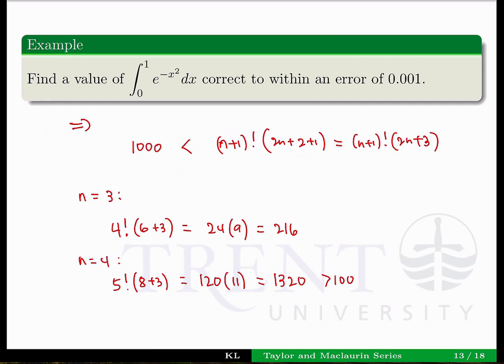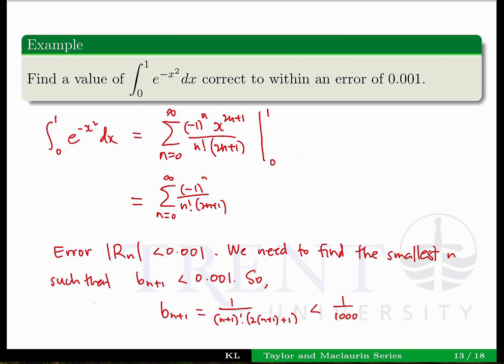Therefore, this means that the integral from 0 to 1 of e to the minus x squared dx is approximately, we choose n equals 4 in our summation here.